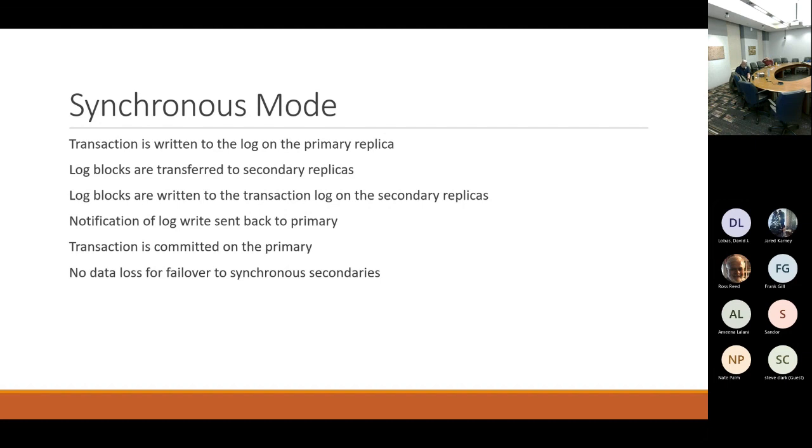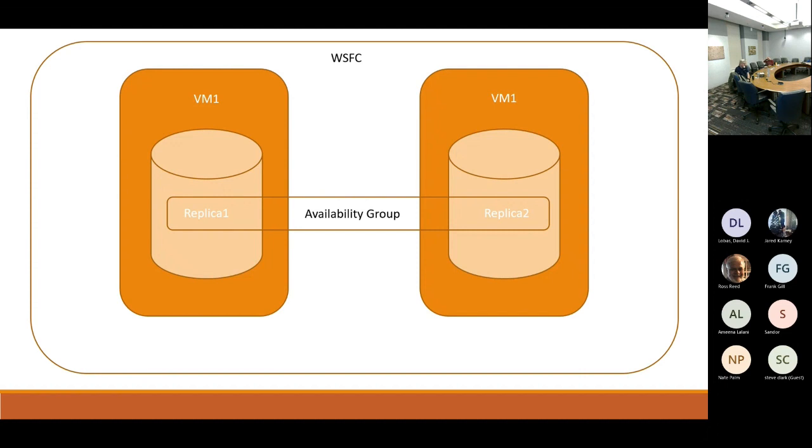So that's synchronous. And just to show you what this looks like, the big rectangle is my failover cluster. Within that, I've got a pair of VMs, and then I've got SQL Server installed, and I've got 2 replicas, 1 and 2, and there's my availability group. Replica 1 is running as my primary.